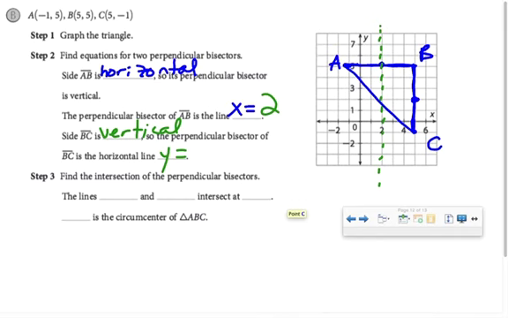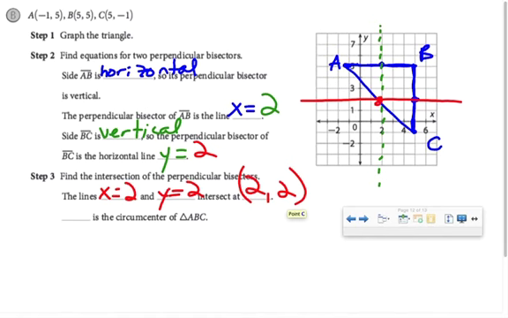And when I draw that horizontal line, it's passing through 2 on the y-axis, so it's y equals 2. The intersection of those 2 lines is this point here, 2, 2. The lines x equals 2 and y equals 2 intersect at 2, 2. Therefore, 2, 2 is the circumcenter of triangle ABC.